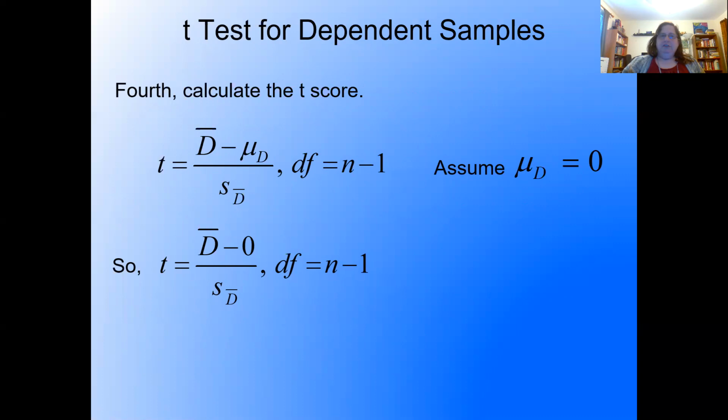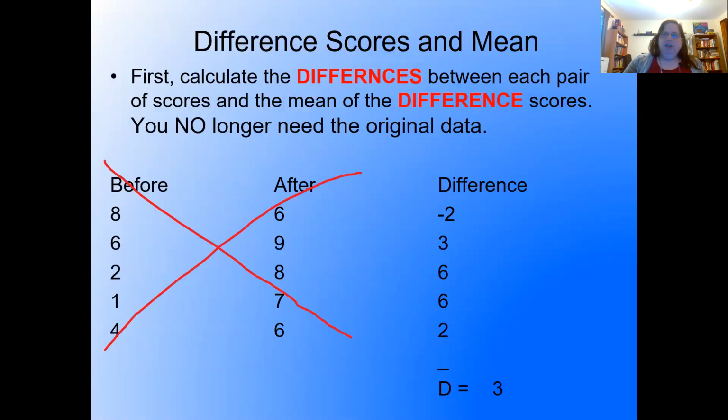Now this, like the other example that we went through with the t-test for a single sample, you have to decide which step you're going to start with. If you're given raw data, then you need to start with step 1. Okay, if you need to get a variance and you need to get a difference mean, you need to start with step 1.